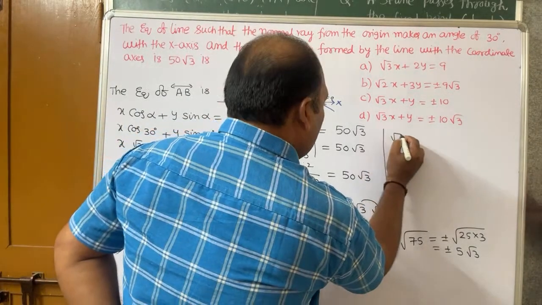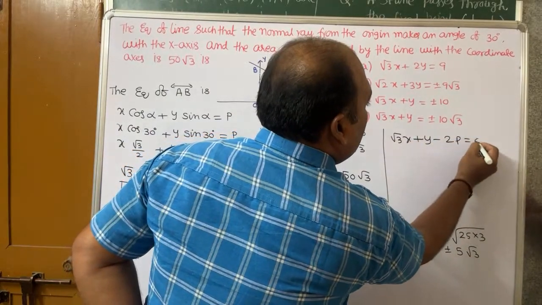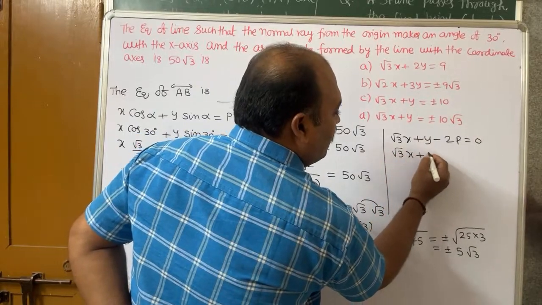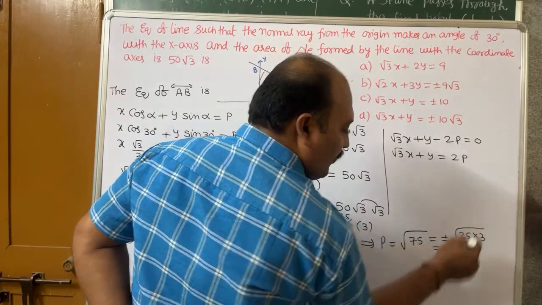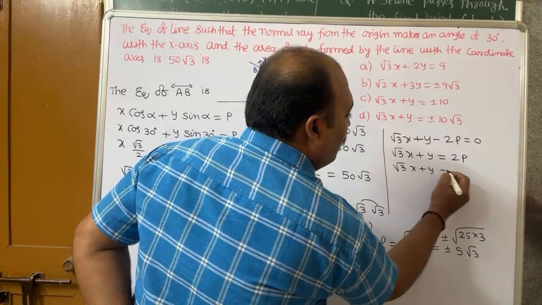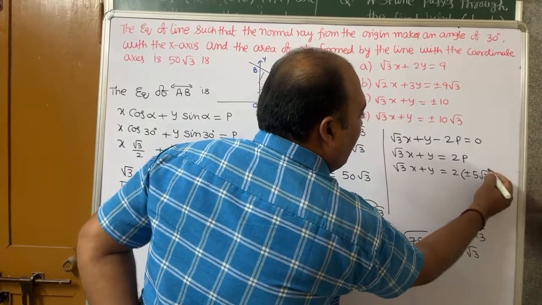Therefore, the line is root 3x plus y minus 2P equal to 0. So minus 2P bring that side: root 3x plus y is equal to 2P. P value plus or minus 5 root 3, so root 3x plus y equal to 2 into plus or minus 5 root 3.